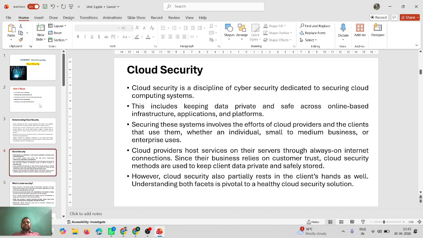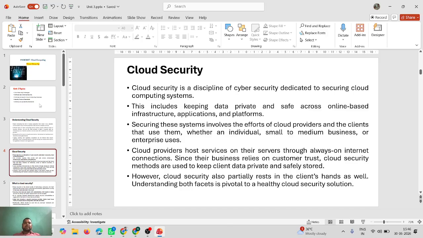So cloud security is basically a branch of cybersecurity dedicated to securing cloud computing systems, right? It's a part of cybersecurity because all the communications and transactions will be executed through the internet or web. So it is a branch of cybersecurity to secure the dedicated cloud computing systems. Systems, I say, consist of both hardware and software platforms, right?